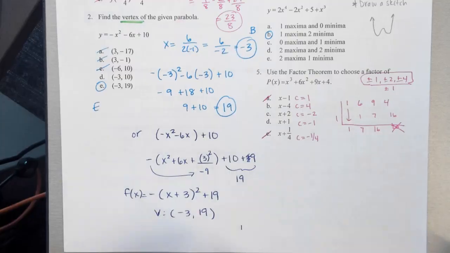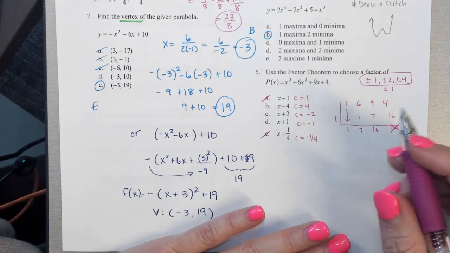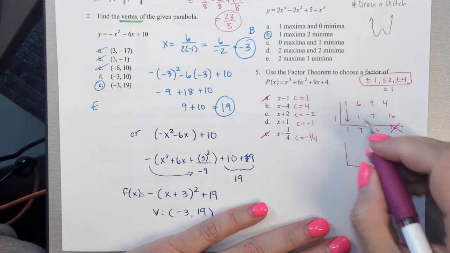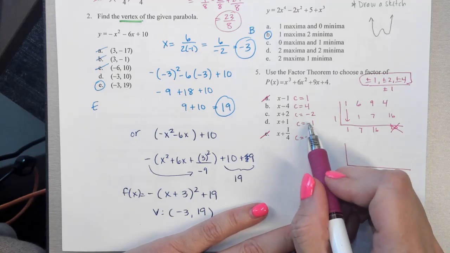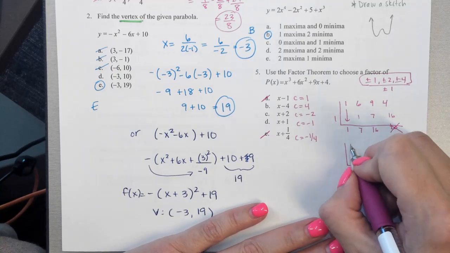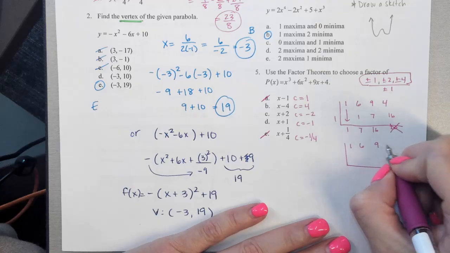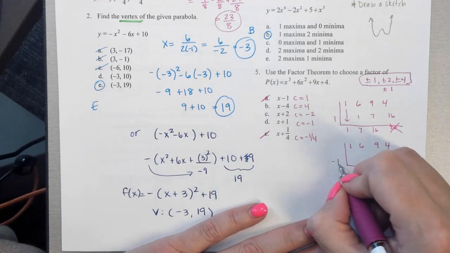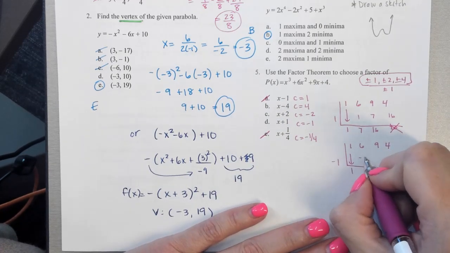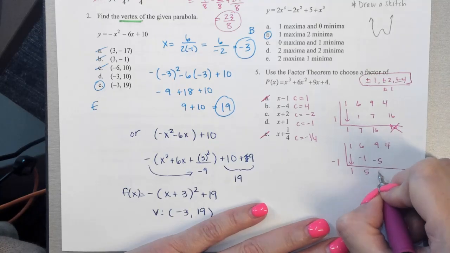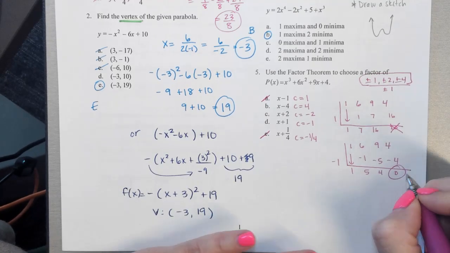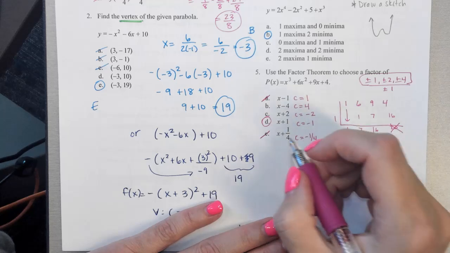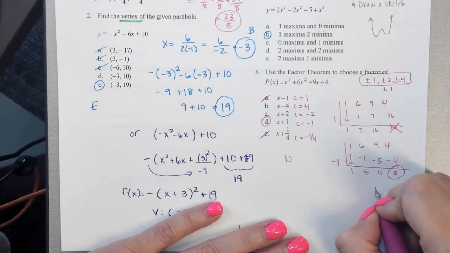Okay, and then we can keep testing all these, and you don't have to test them in order. So I thought maybe I needed a negative after doing that first one. Okay, so I'm going to try one of the negatives and see if that works out. All right, so this one has the remainder of 0, so it's D.